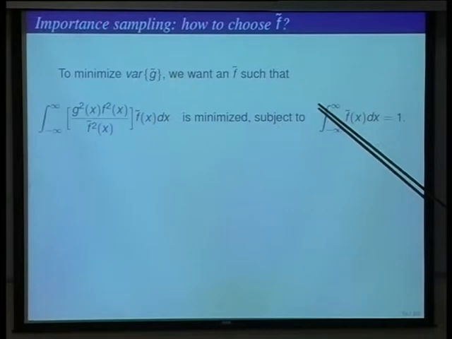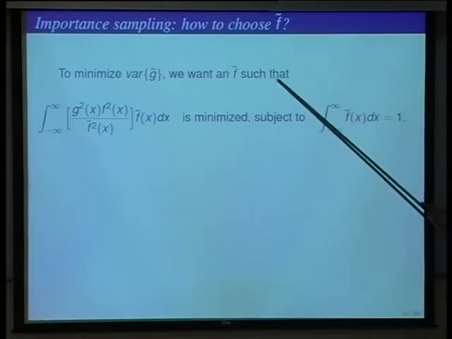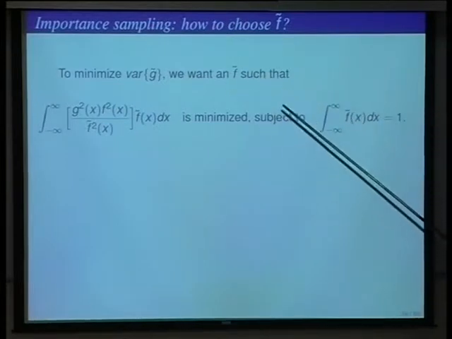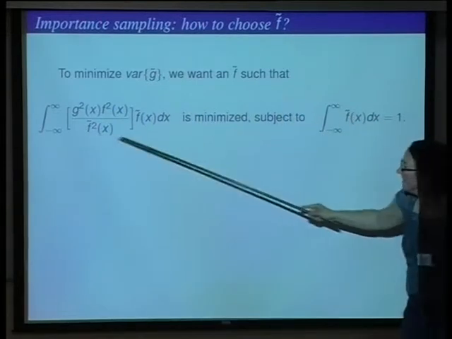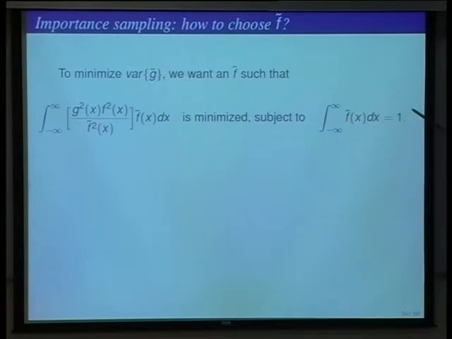So that means we're looking for a function F tilde. We don't know it yet. We don't know what a good one is, but we have an idea of what a good one is. Right? So we kind of want it to look like the thing we're trying to integrate a little bit. Right? So I want an F tilde such that this variance is minimized subject to F tilde being a probability distribution.